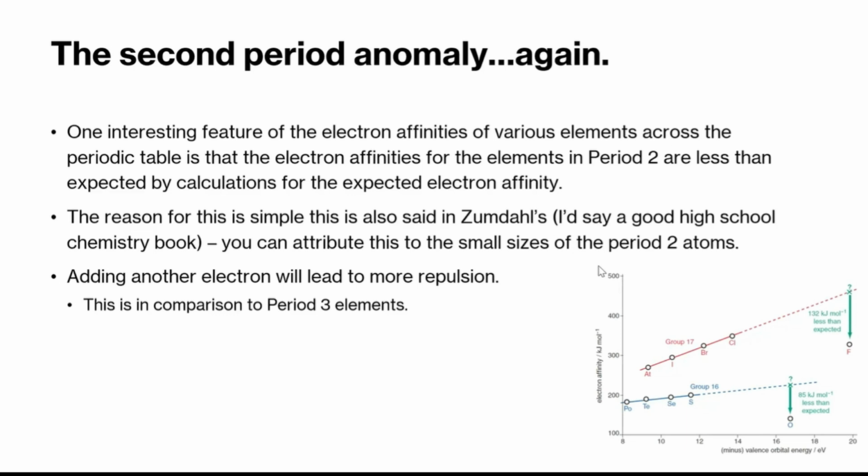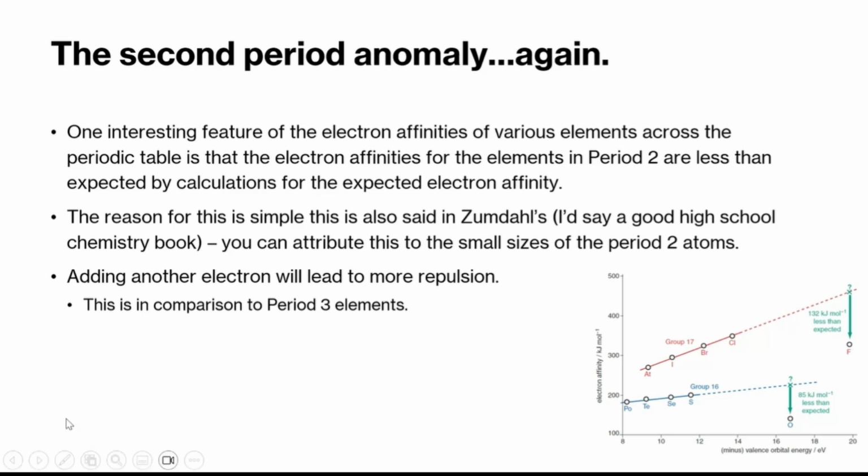Anyways, we have another second period anomaly, of course. One interesting feature of the electron affinities of various elements across the periodic table is that the electron affinities for elements in period 2 are less than expected by calculations. One reason for this is simply that the small sizes of the period 2 atoms and their orbitals are the reason why there's such a small electron affinity than expected.